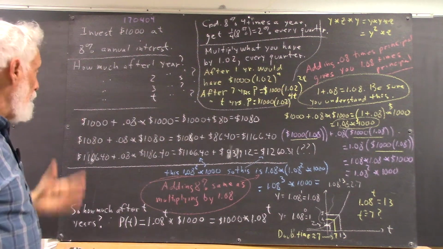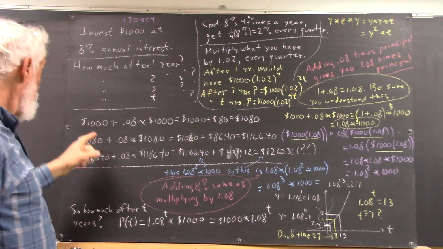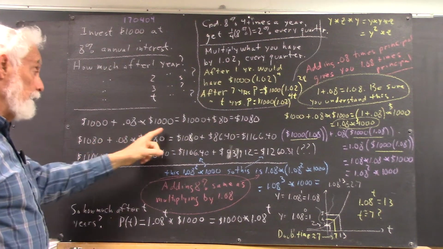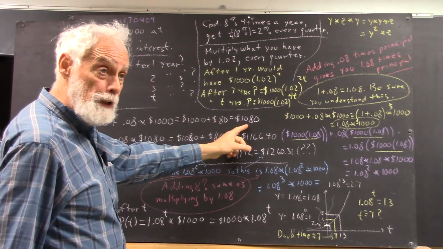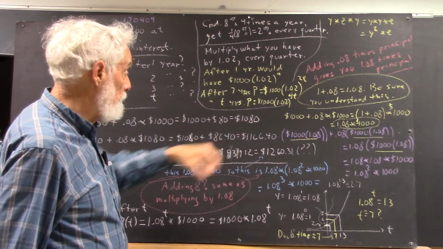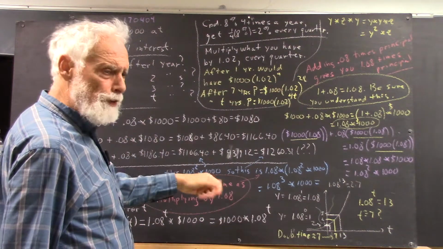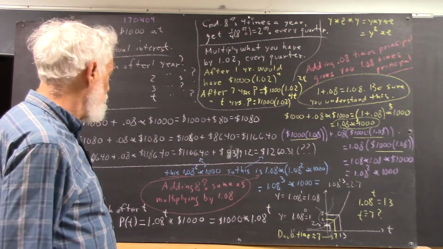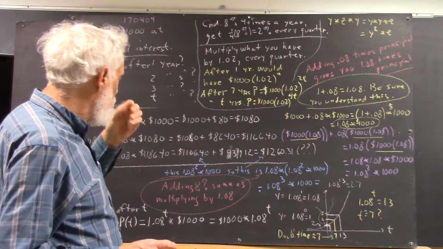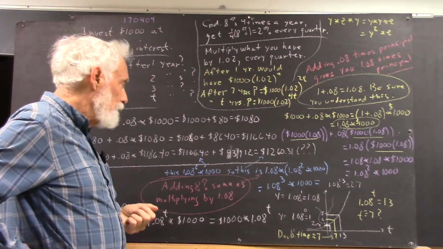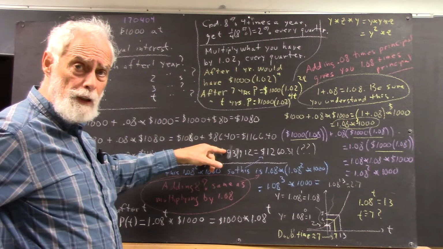Well, after a year, you have $1,000 plus 8% of $1,000, and that's what people did, and they got $1,080, and that's very good. But then for the next year, they got $1,060 because at least 2 out of 3, 2/3 of the class, got $1,060 because they just added another $80.